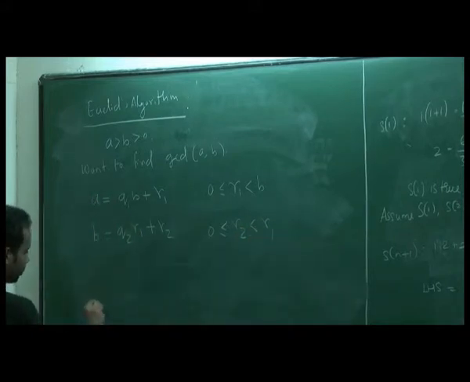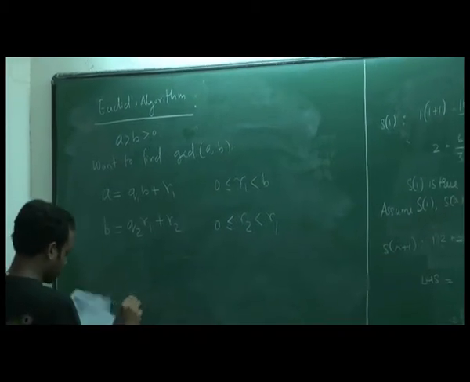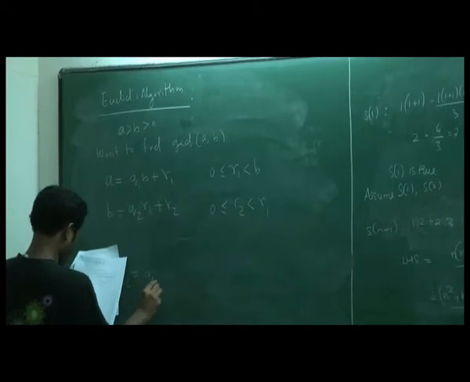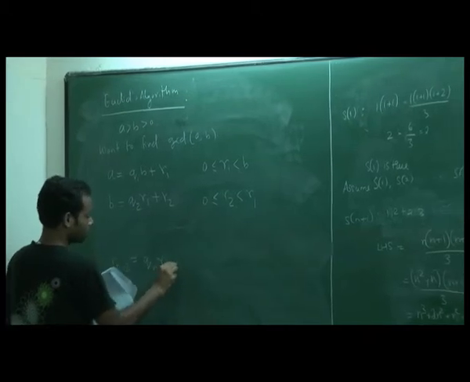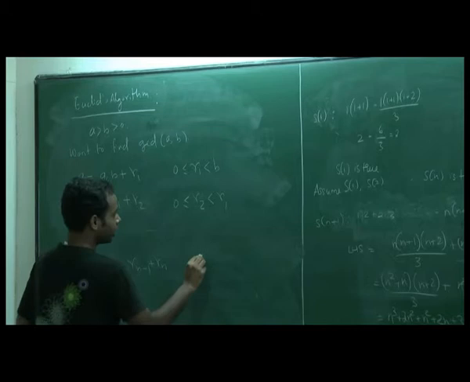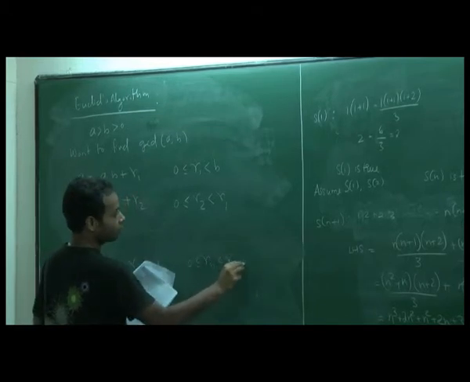You carry on this step. Suppose the step ends at some stage: Rn minus 2 equals Qn times Rn minus 1 plus Rn, where Rn is greater than or equal to 0 and less than Rn minus 1.